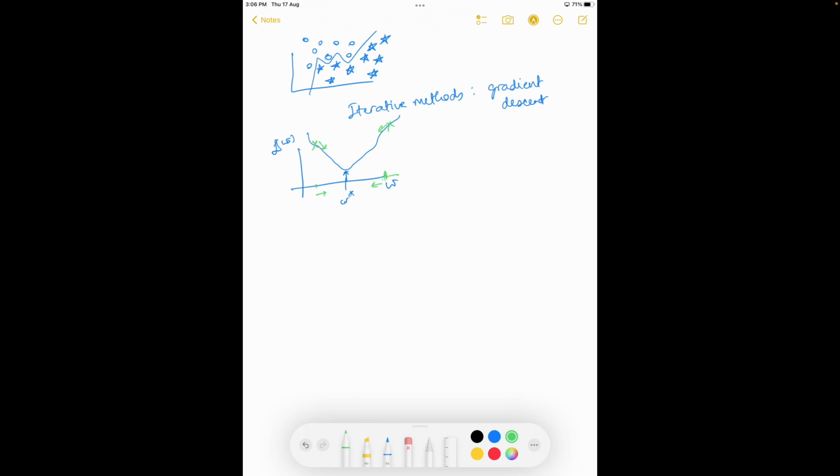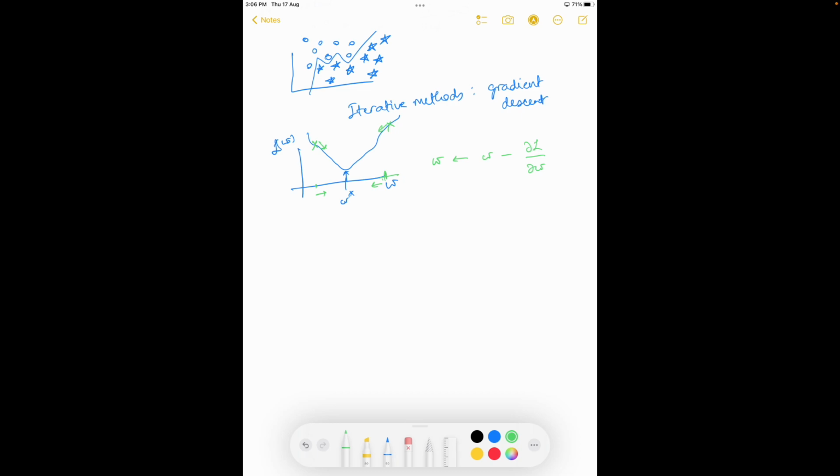Mathematically, W becomes the previous value of W minus the slope. If my slope is positive, decrease W. If my slope is negative, increase W. But now the question is how much to increase and how much to decrease.